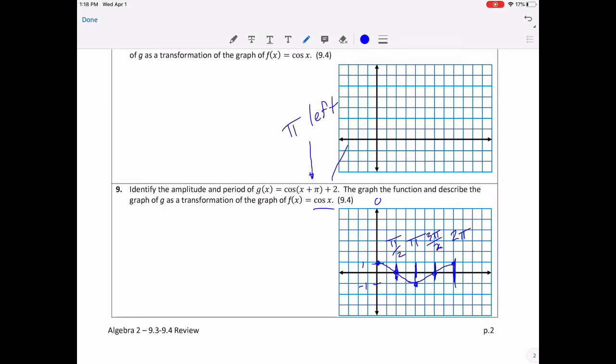And what's the transformation here? Well, that's 2 up, because again, it's outside. So it's transformed 2 up and pi to the left.